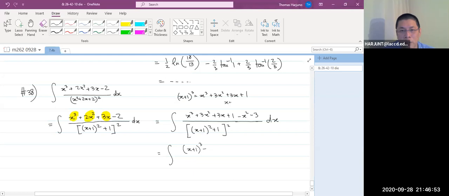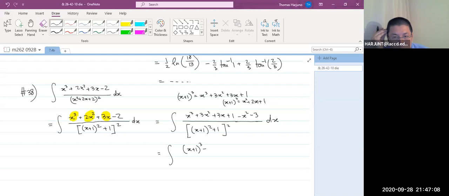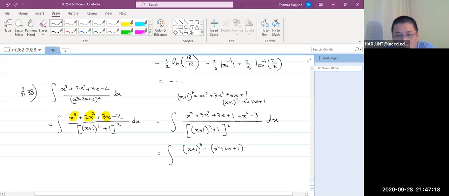So (x plus 1) squared will be x squared plus 2x plus 1, then compensate for that. I need to add 2x here. x minus 1 minus 2.